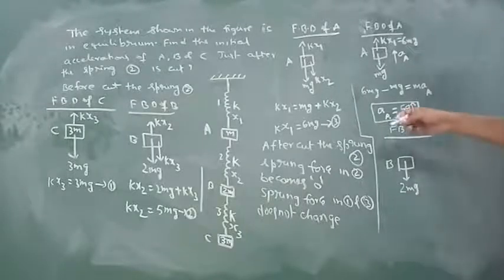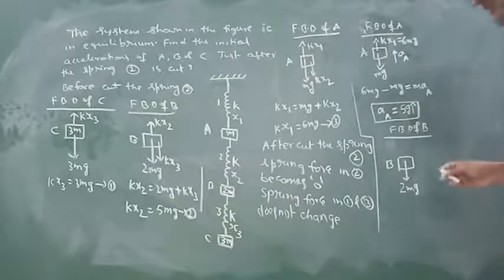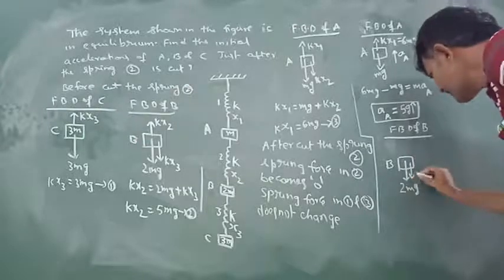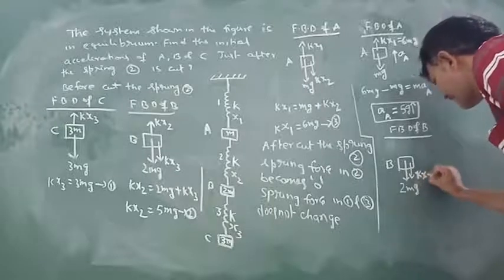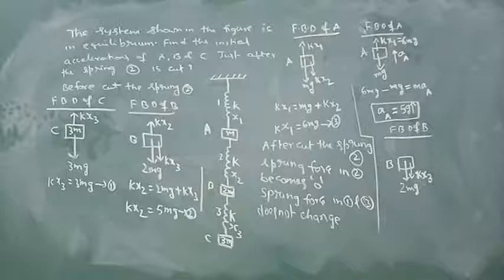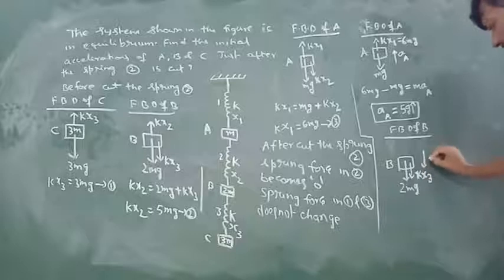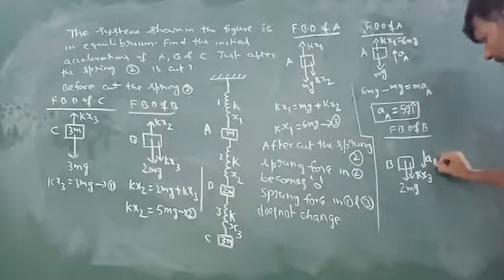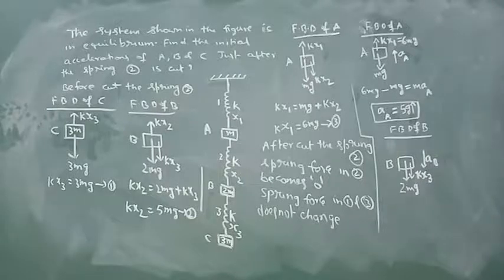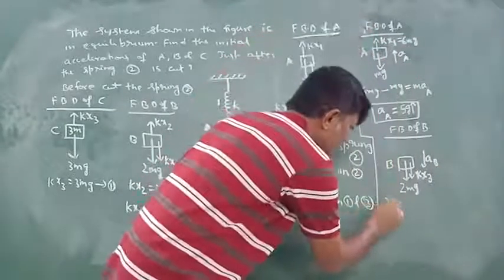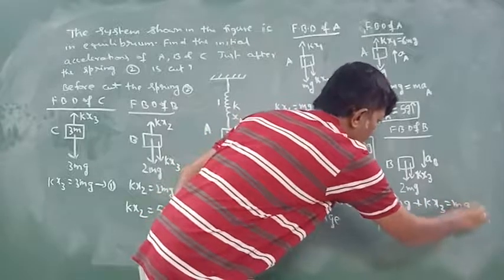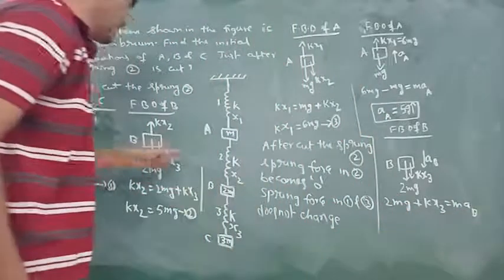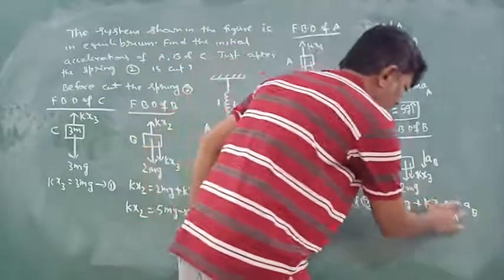Therefore, there is no upward force acting on B after cutting spring 2, and the downward force is Kx3. Since the net force on B is in the downward direction, its acceleration is assumed to be aB downward. According to Newton's second law, the net force on B, 2mg plus Kx3, is equal to the mass of B, that is 2m, into aB.